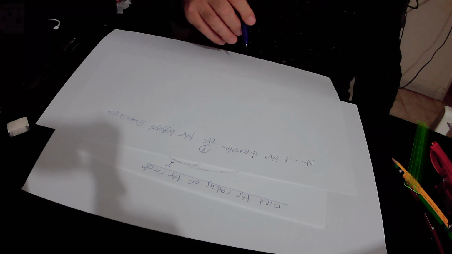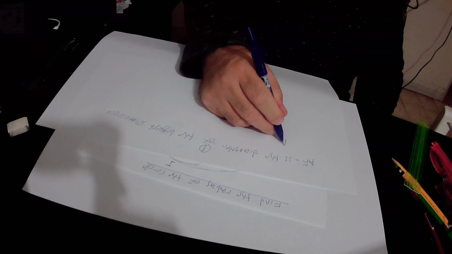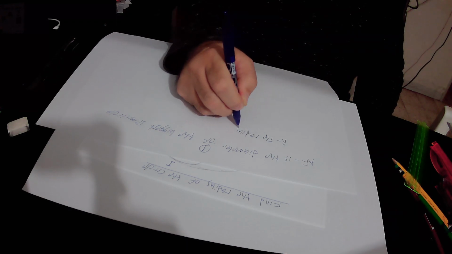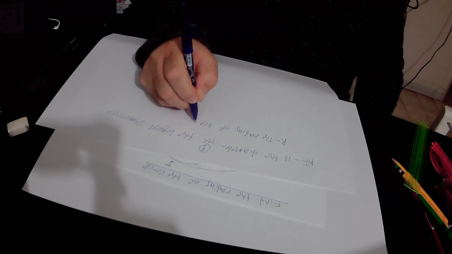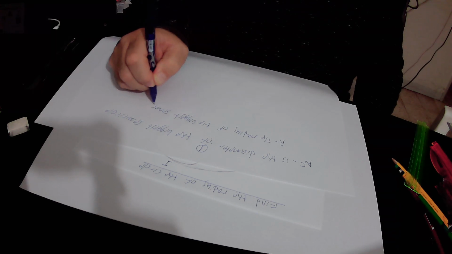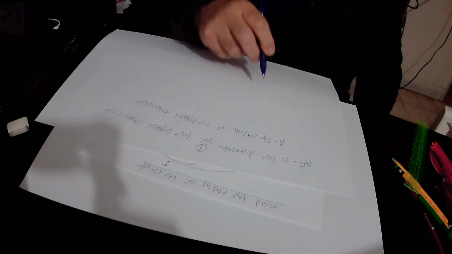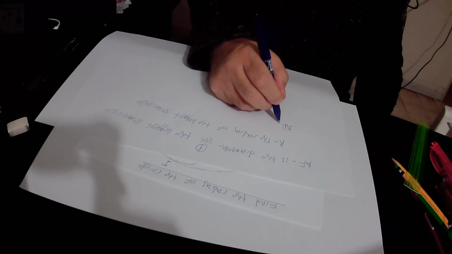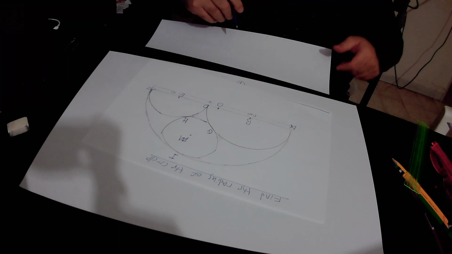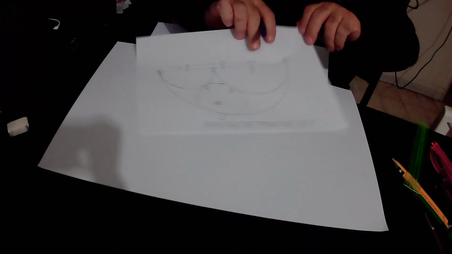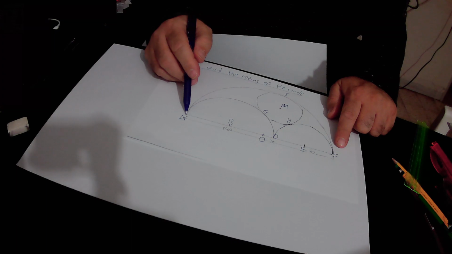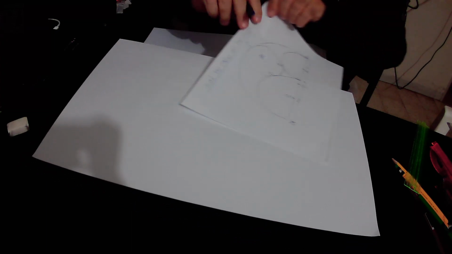So we will define the radius of the biggest semicircle as capital R. And therefore AF, the diameter, will be equal to 2 times capital R. And according to what is given in the question, the diameter AF of the biggest semicircle equals 140.